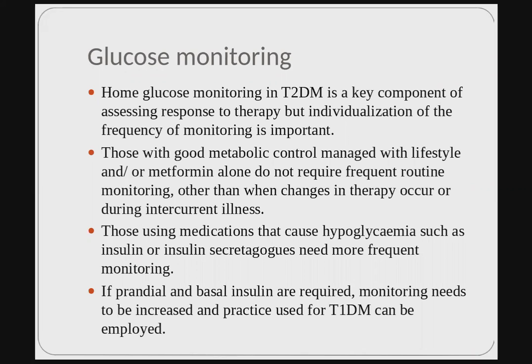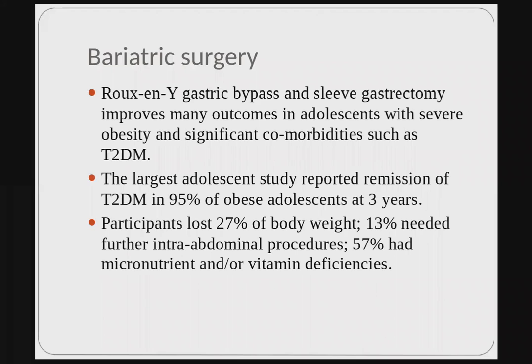So another way is through surgical method, and we call it bariatric surgery. Gastric bypass and sleeve gastrectomy is done and improves many outcomes in adolescents with severe obesity and significant comorbidities, such as type 2 DM. The largest adolescent study reported remission of type 2 diabetes in 95% of obese adolescents at 3 years.